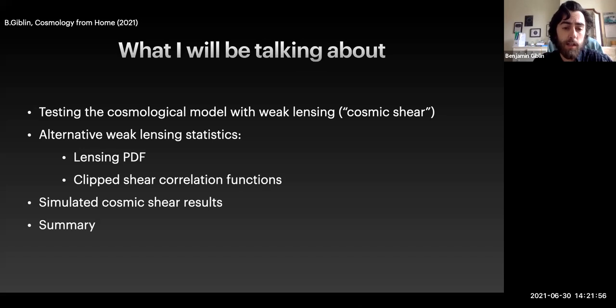These are called the weak lensing PDF and clipped shear correlation functions. After that, I will show some results from simulated cosmic shear analyses using these new statistics and contrast them with the results that you get from the more standard analysis. I'll then finish by summarizing these results.